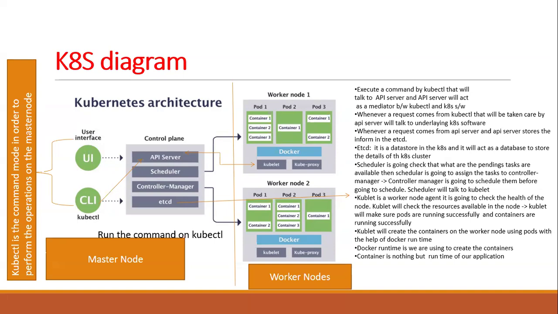For example, if you are trying to create a pod in the worker node, kubelet will check whether there is any space or resources available to create the pod in worker node 1 or worker node 2.